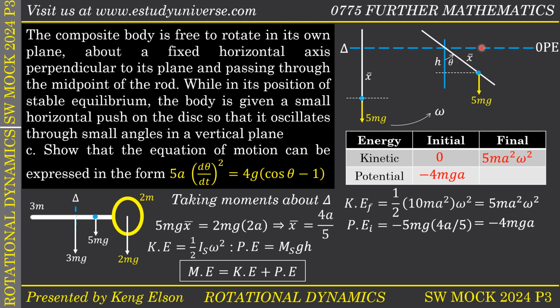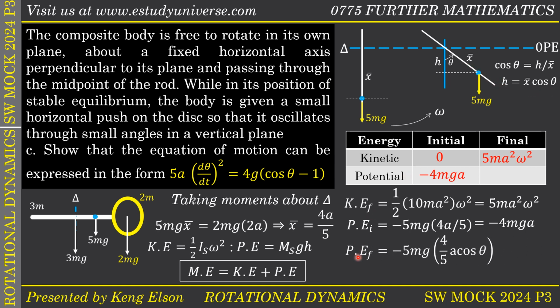This distance is the same as the adjacent of this right-angle triangle whose angle is theta with the vertical and whose hypotenuse is x bar. So to get h, we use SOHCAHTOA. If we take the cosine of the angle, we get the adjacent divided by the hypotenuse. The adjacent is h and the hypotenuse is x bar. So from there we get h to be x bar times cos theta.